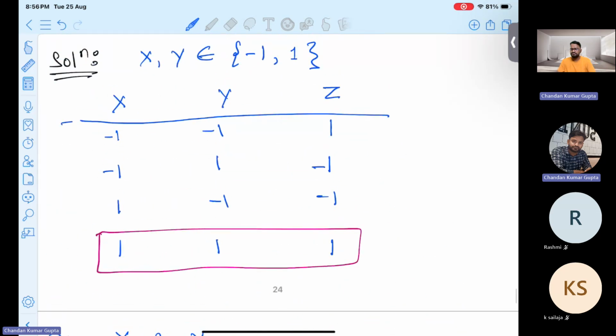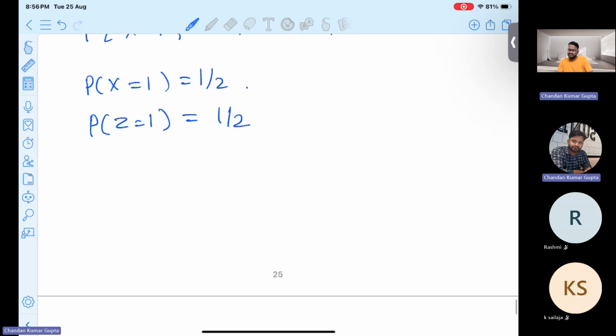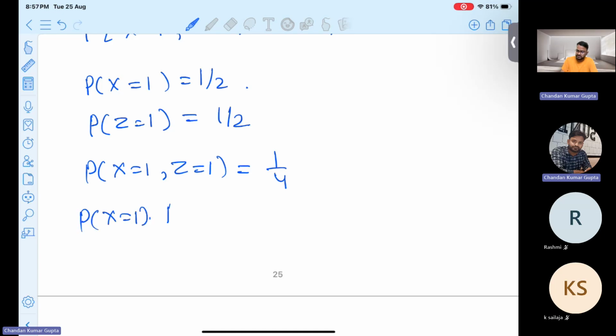Z has two probability. Now for x equal to 1, z equal to 1, the probability that x is equal to 1, z equal to 1 is 1 by 4. Probability of x equal to 1 into probability of z equal to 1 is 1 by 2 into 1 by 2, equal to 1 by 4.